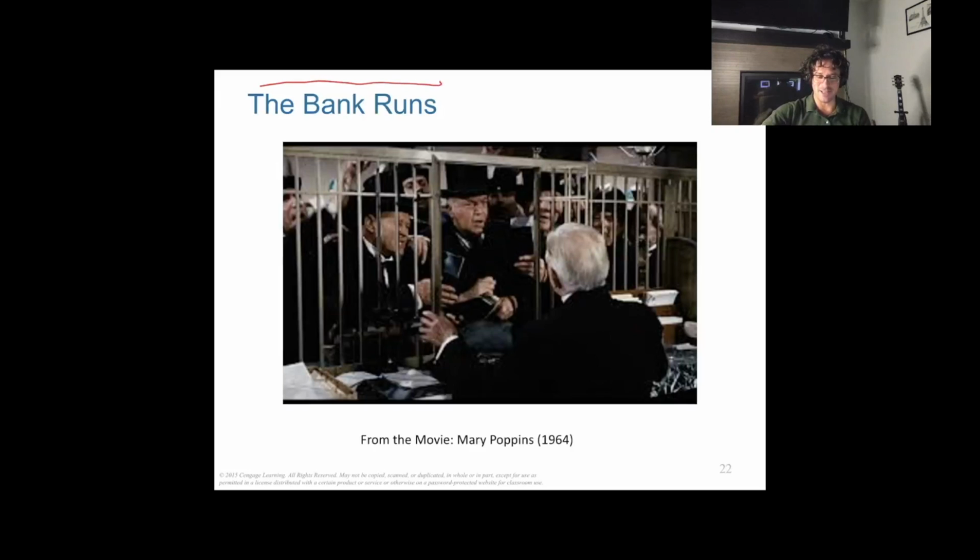Here, there is this image that gives you an idea what a bank run looks like. This is taken from the movie Mary Poppins. If you remember, there is the kid that wanted the coin back, and he didn't want to deposit this coin in the bank. When people started hearing that they didn't want to give the kid the money back, all the people started running to the bank.